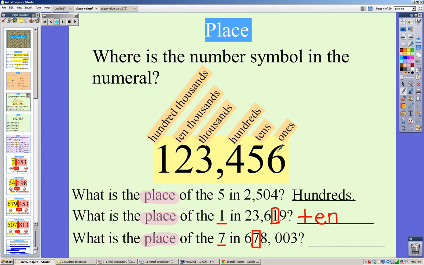So I'm going to come up to my chart and go 1, 2, 3, 4, 5. And I can see that that is the 10,000s place. So I don't know if I can fit 10,000s with this pen on here, so I'm going to try my best. I'm going to just write 10 TH for right now. But I think you get the point that this 10,000s is where that 7 is right there.